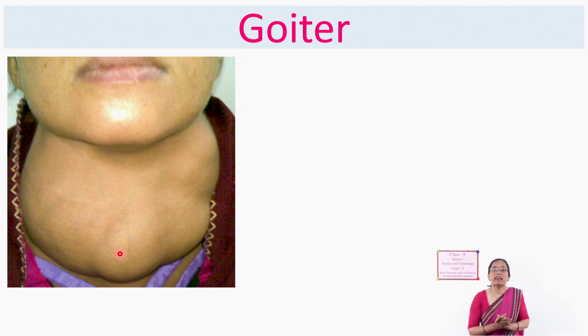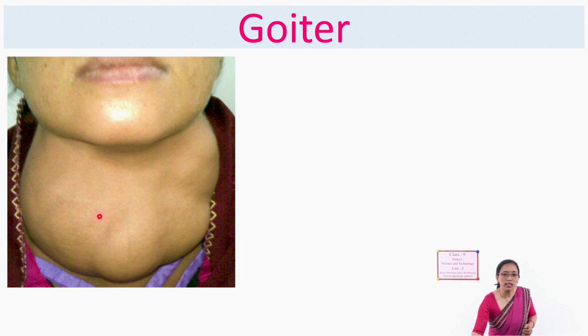Iodine is one of the important elements which helps to produce thyroxine hormone. If there is deficiency of iodine in our body, what happens? Inflammation of the thyroid gland takes place. That means it starts to bulge out.